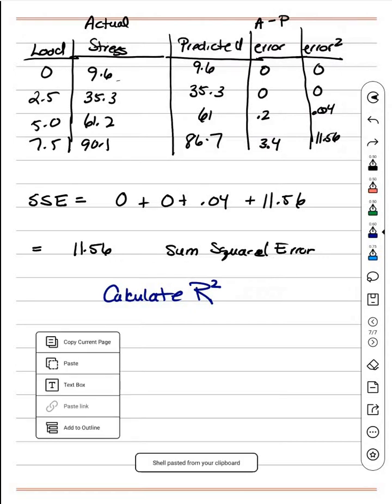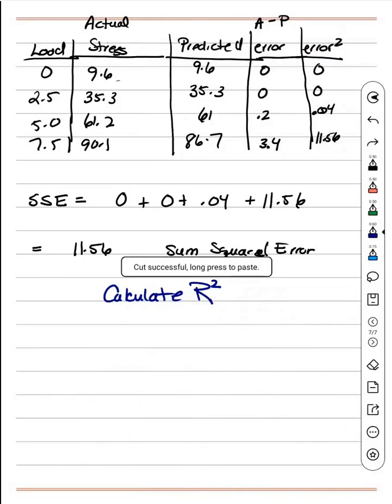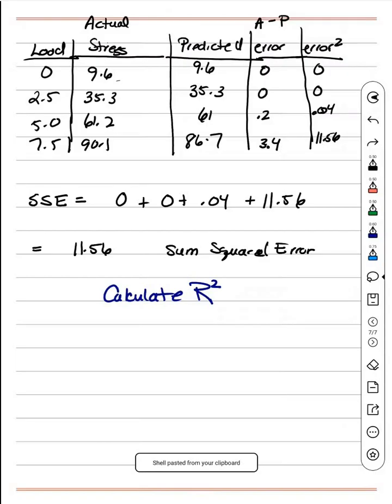Instead of what I have here, I already have error and error squared. Ooh, I didn't get the whole table. Let me do that again. So sloppy.